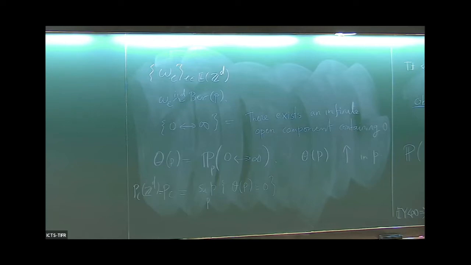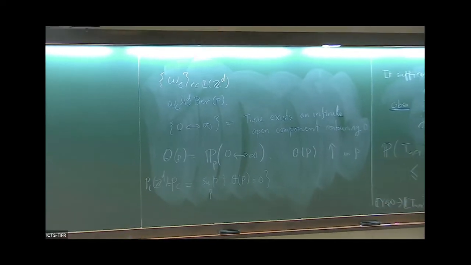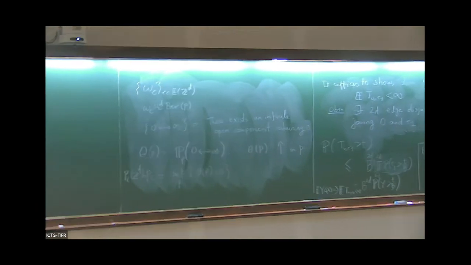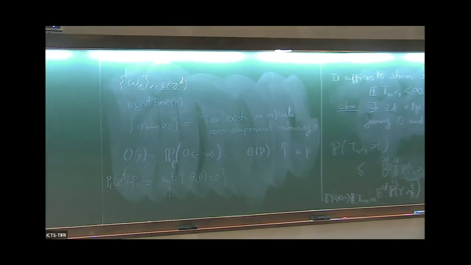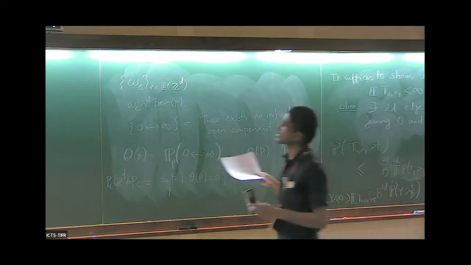What happens at p_c is a big open question, at least for dimension 3 and for dimensions that are not 2 and not too large. But anyway, there is this p_c at which this jump happens. So the theorem, how that connects to our previous discussion, is that this is the theorem which I will state but not prove.